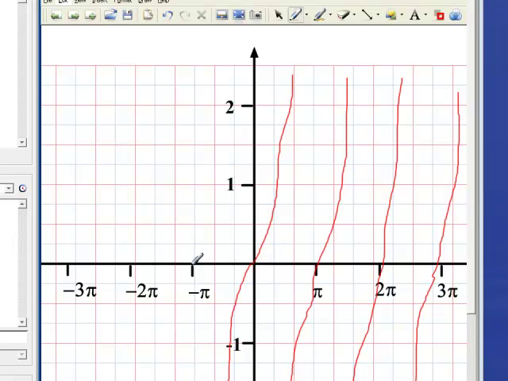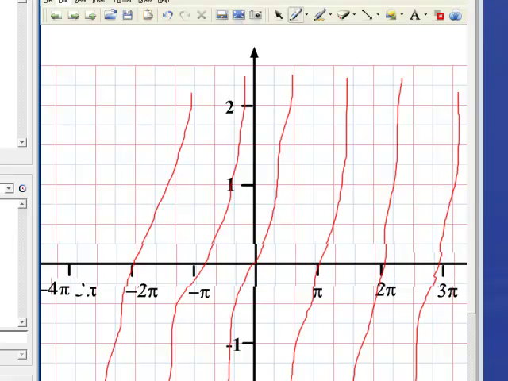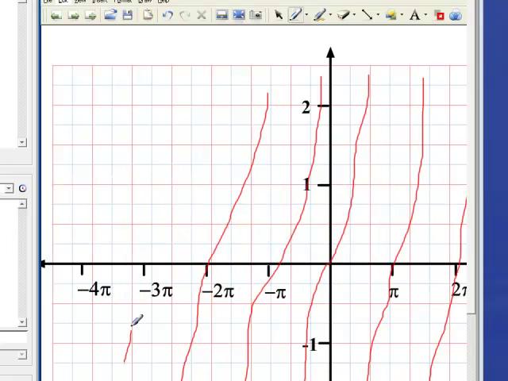Cotangent, of course, does the same thing. Let's see. Oops, that's a little bit off. I think I'm going to quit after this one here. You do see in the script I have some other drawings.